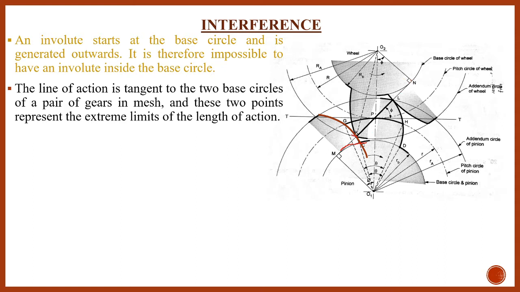We know that K is the point of contact between two meshing gears; contact starts at point K and ends at point L. But just try to understand, if I increase the addendum circle radius of the driven gear up to this point M, at this point there will be contact between involute profiles. At point K, this is the involute profile and this is again an involute profile.